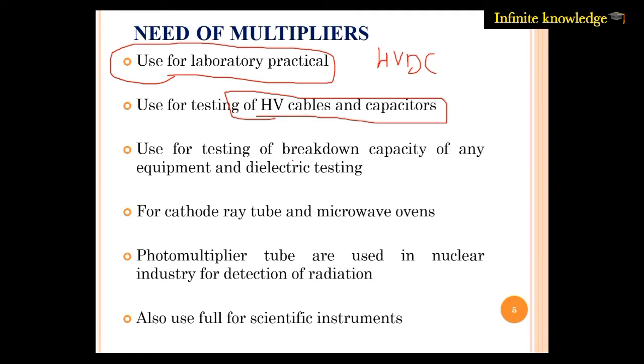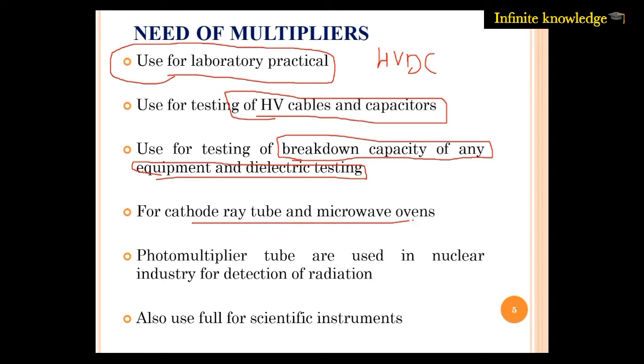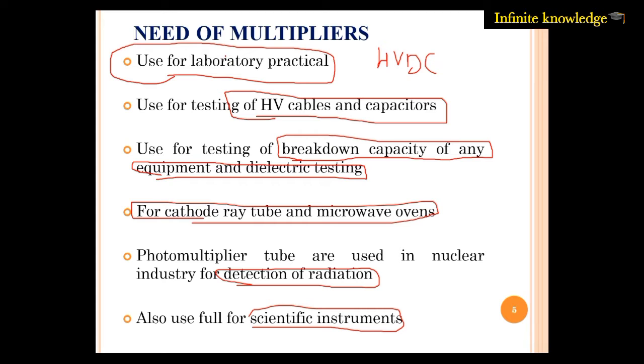It is used for testing of breakdown capacity. What is breakdown capacity? It means the puncture capacity of any equipment, of any dielectric material, of any insulating material. For the cathode ray tube and microwave oven, high voltage DC photomultiplier tubes are used in the nuclear industry for detecting radiation. It is also used for scientific instruments. So this is the application of this project.